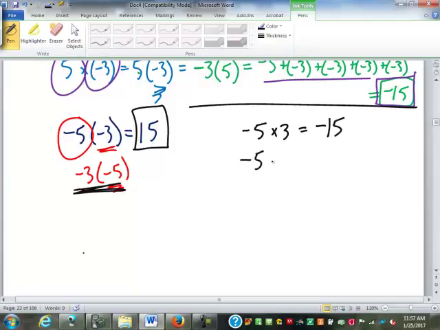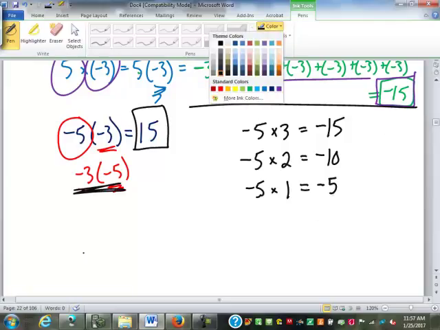So let's keep the negative 5 and change the 3 to a 2. What's negative 5 times 2? Negative 10. Good. Now if we keep going, the negative 5 we have to keep yet. We went from 3 to 2, so we got to go from 2 to 1. What's negative 5 times 1? Anything times 1 is itself, right?